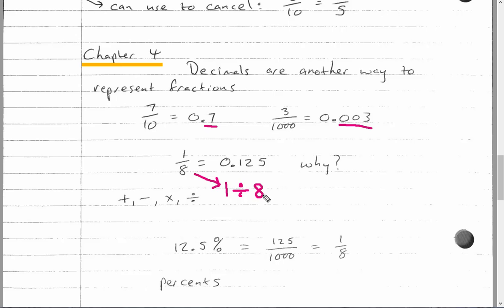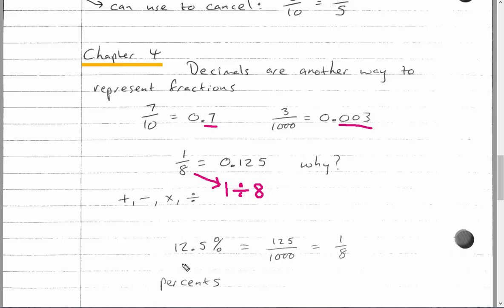And when you do the division, we'll look at that, you get this answer, 0.125. You can see that 8 fits into 1 zero times in terms of whole numbers, but it really fits in 1/8 of a time, so we get this decimal.